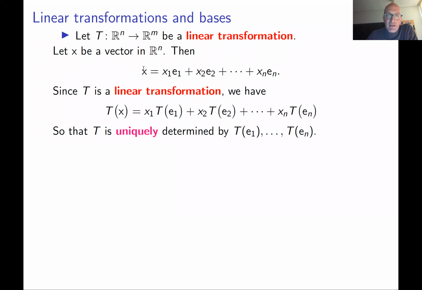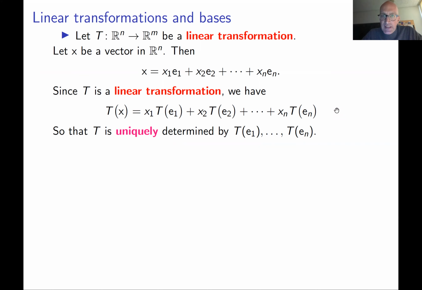So T of x is T of this vector, then it's going to be the sum of T applied to x1 e1, plus T applied to x2 e2, and so on, up to T applied to xn en. But then you put x1 outside of T, x2 outside of T, up to xn, and you get this equality. Again, this follows immediately from the three basic defining properties of linear transformations.